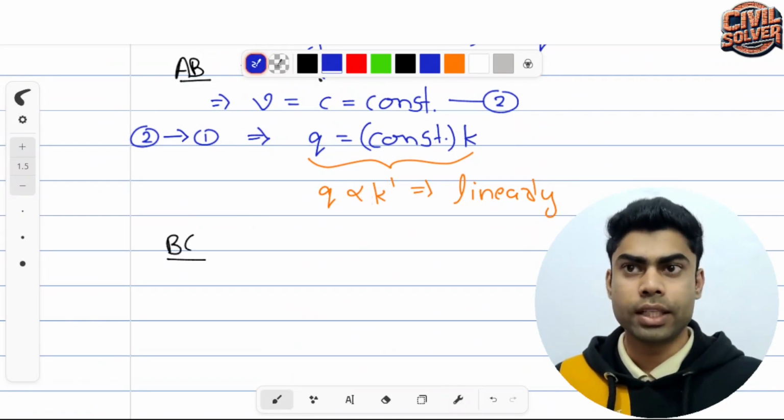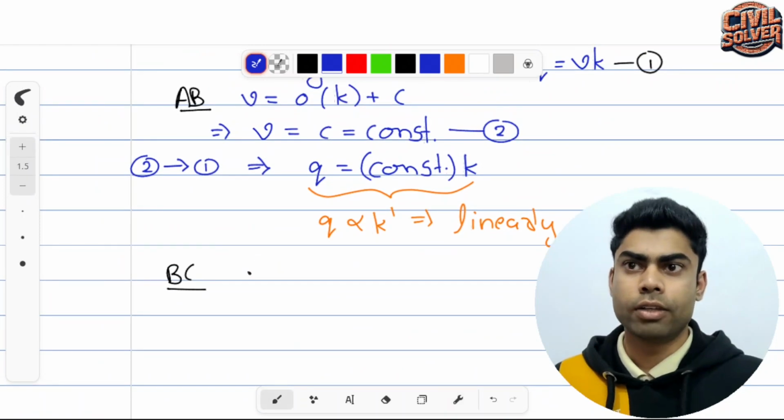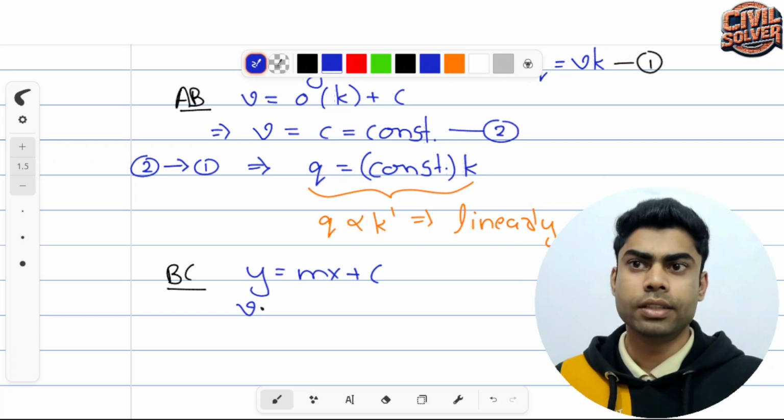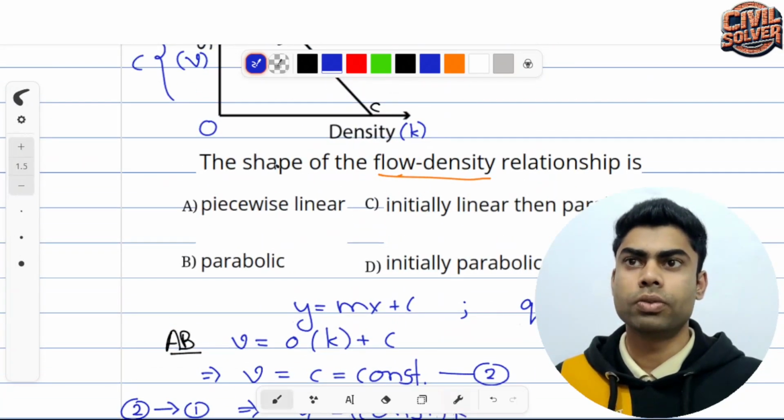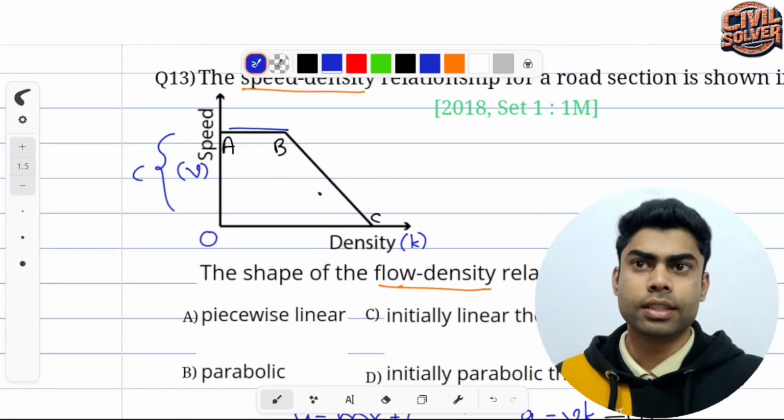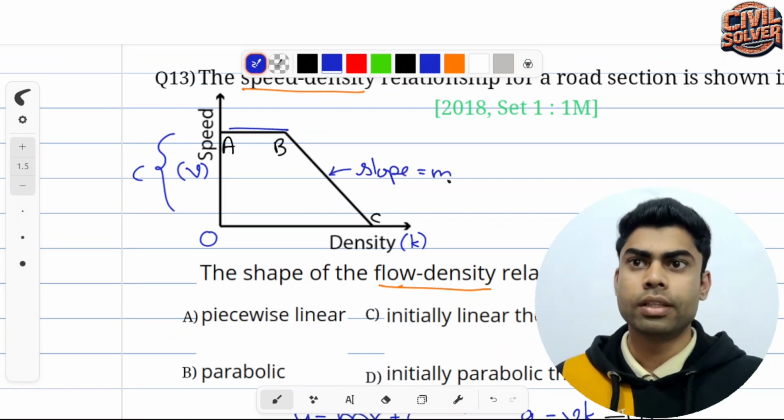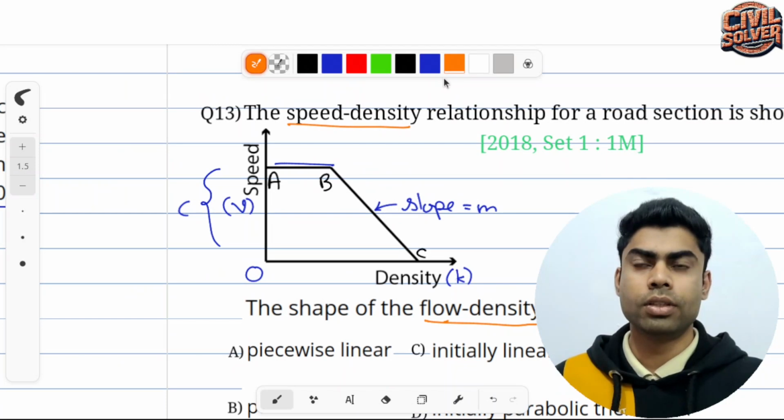So I will analyze portion BC over here. Again, we have to write the equation of this line BC. Again, y is equal to mx plus c. Here y is v. What is the slope of this line? Let's say the slope of this line is simply m. And the y-intercept, how are we going to find it? Simply extend this line backwards like this.